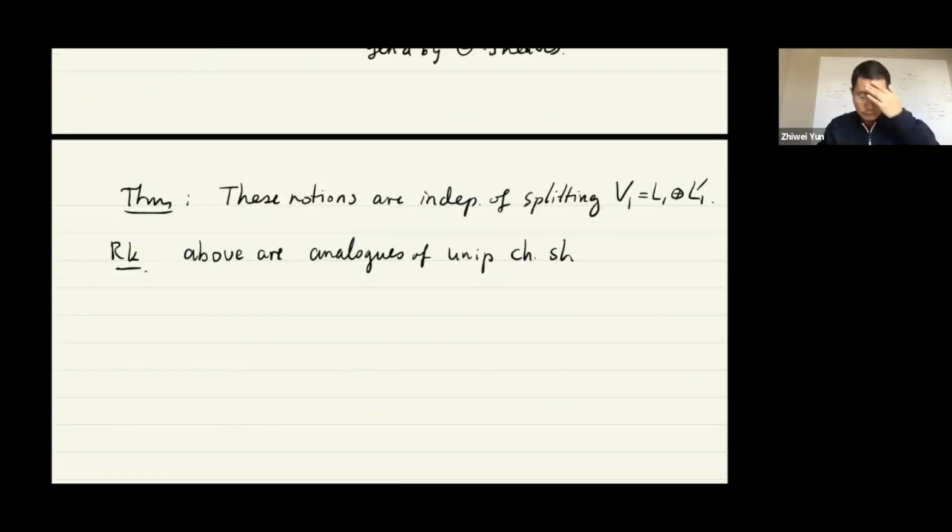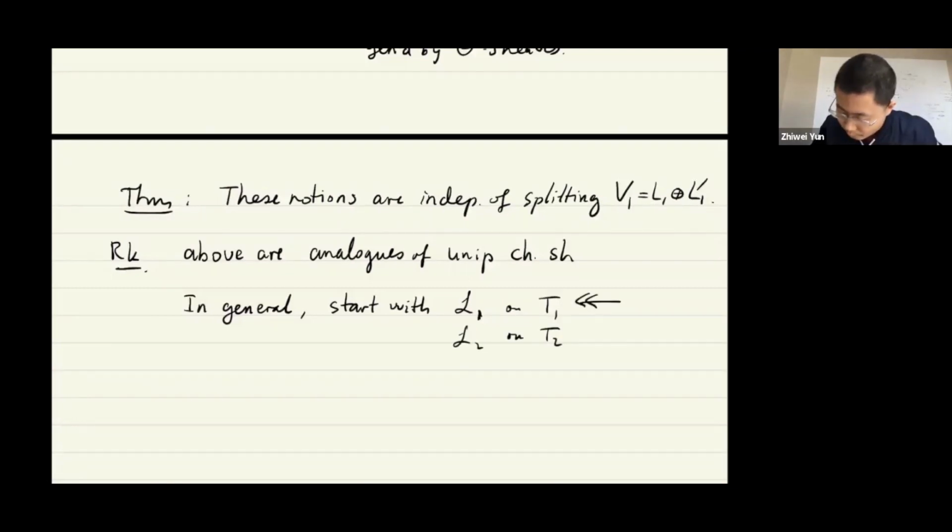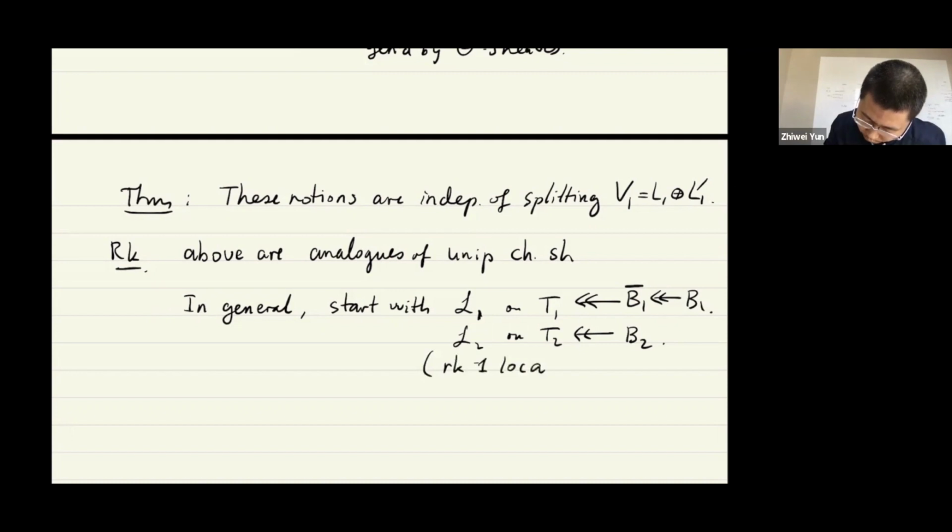To get analogs of general character sheaves, we should start with some local systems L1, L2 on T1, T2. So these are the quotient tori, Cartan quotients of B1 and B2. Well, this is also a quotient of B1 bar. Start with rank 1 local systems on these tori.